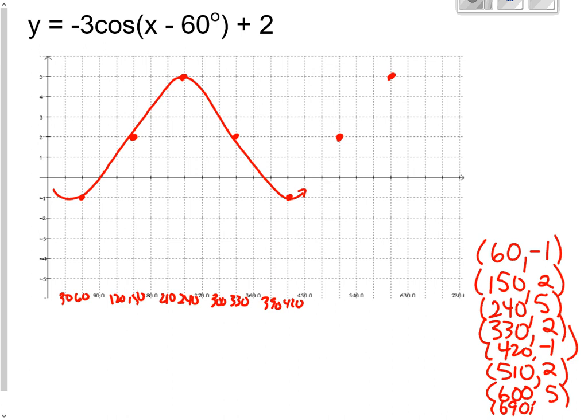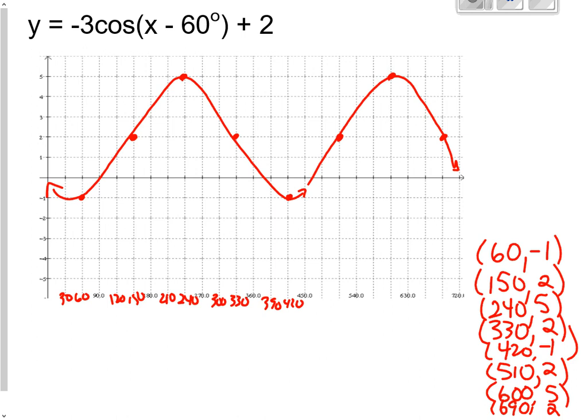My next number would be a +2 again, so 690. So it continues on in either direction forever because it is periodic.